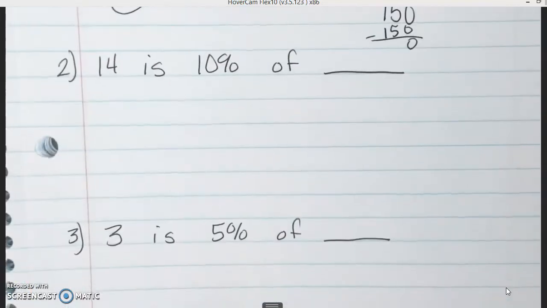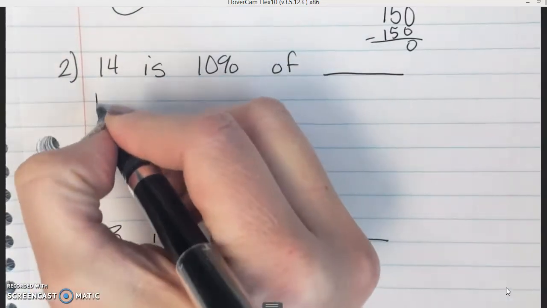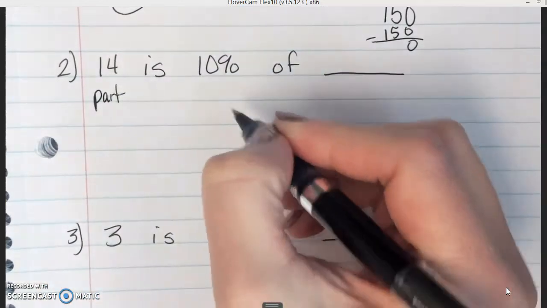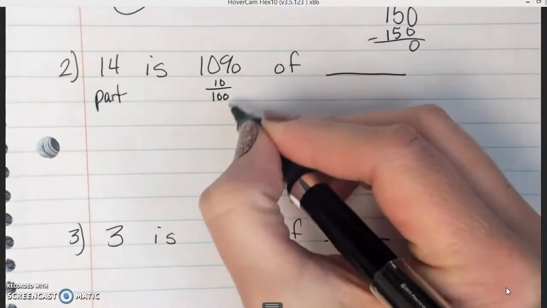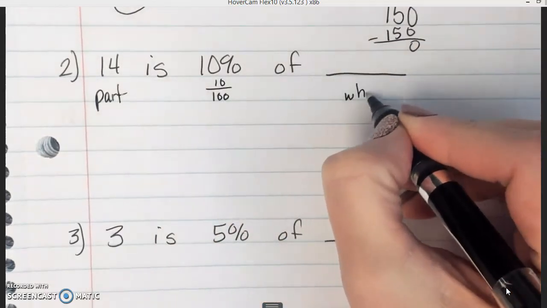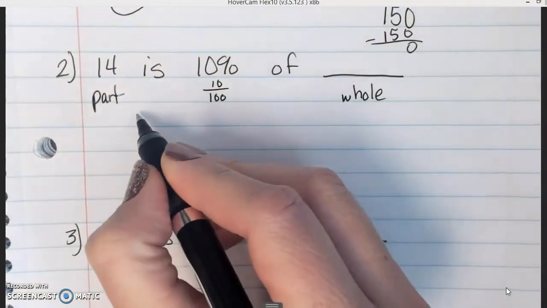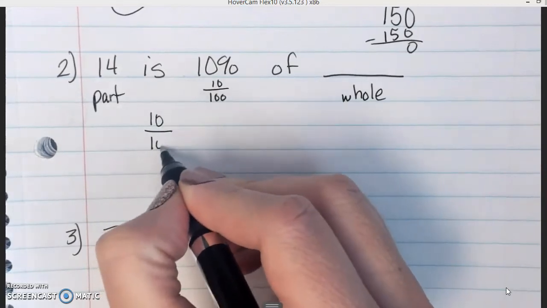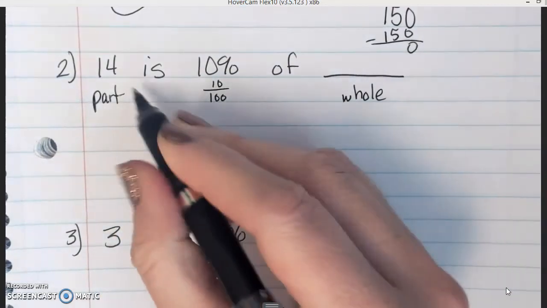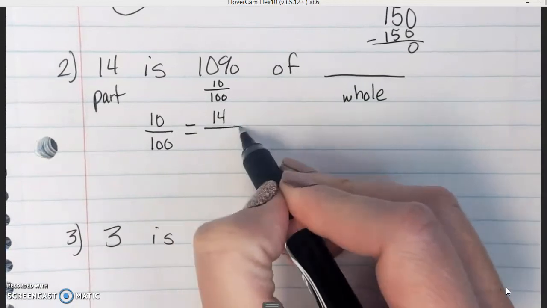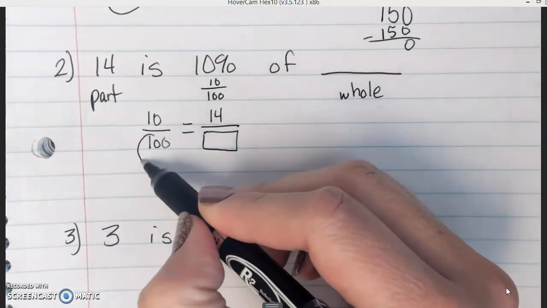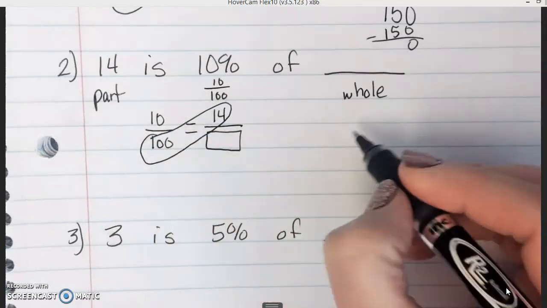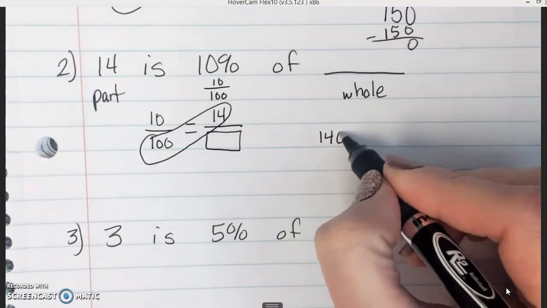Alright, looking at number 2. So again, 14 is the part. We're writing 10% as a fraction, so that's 10 over 100, and we're trying to find our whole. So we're going to put 10 over 100 is equal to our part over our whole, which is the unknown. We're going to multiply 100 times 14 to get 1,400.